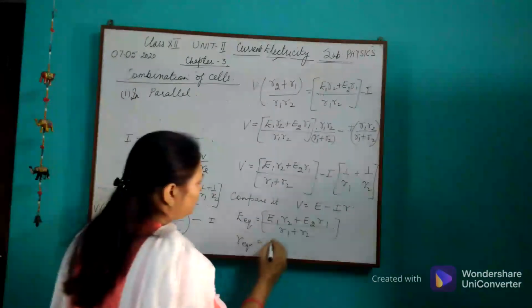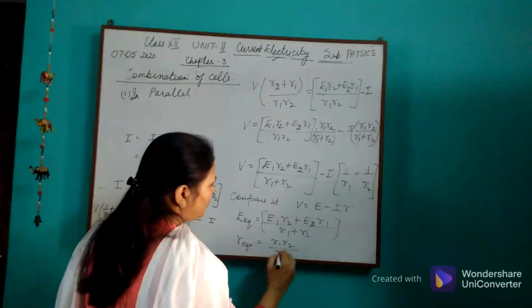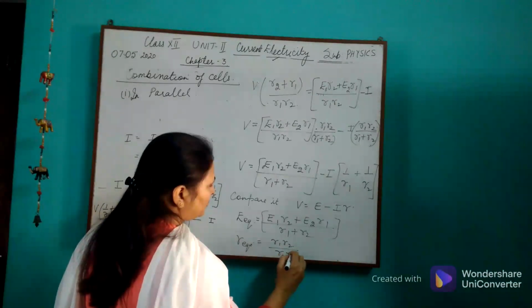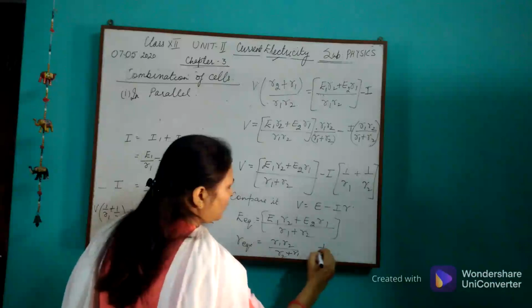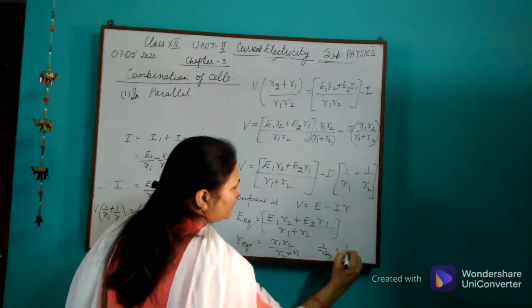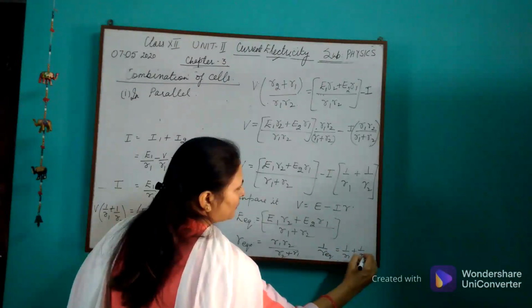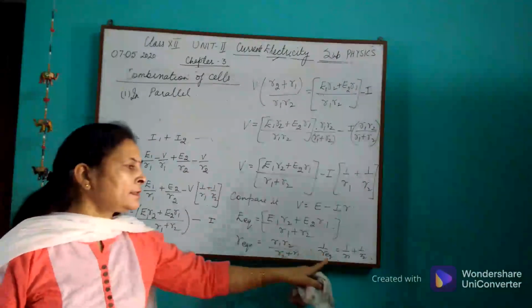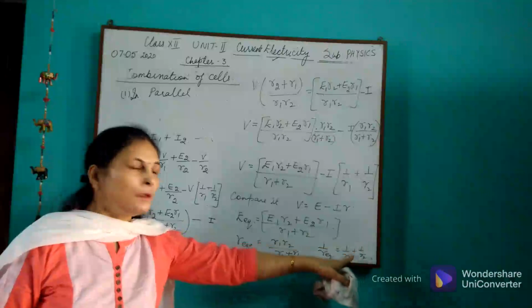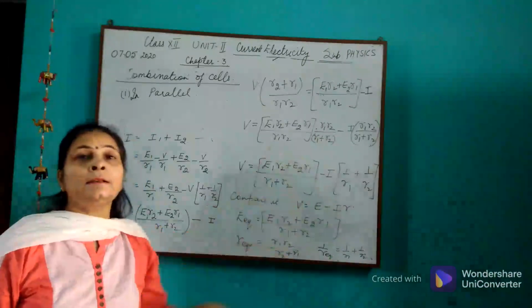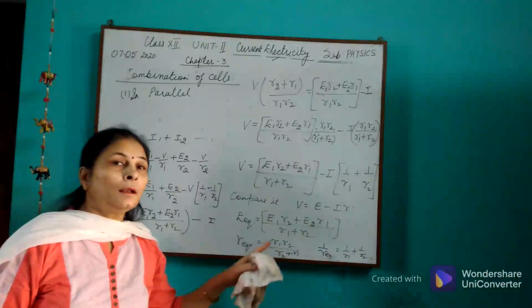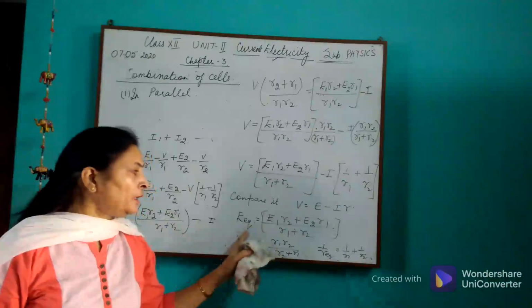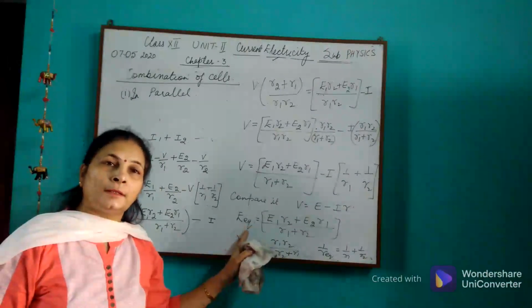It will be equal to R1 R2 upon R2 plus R1, or 1 upon R equivalent is equal to 1 upon R1 plus 1 upon R2, either way. So internal resistance here you can see is adding in parallel. So internal resistance when the cells are connected in parallel will decrease and equivalent EMF will be of this kind.